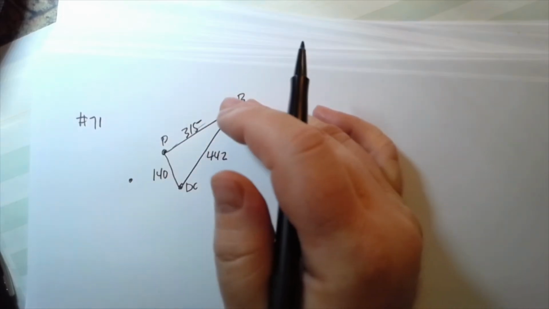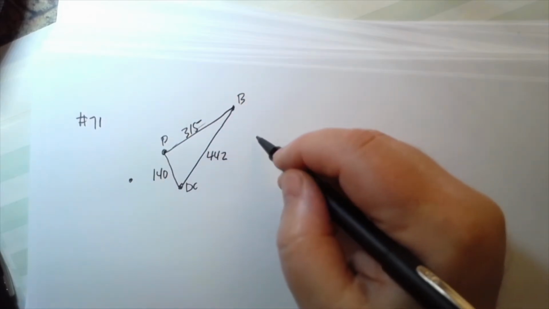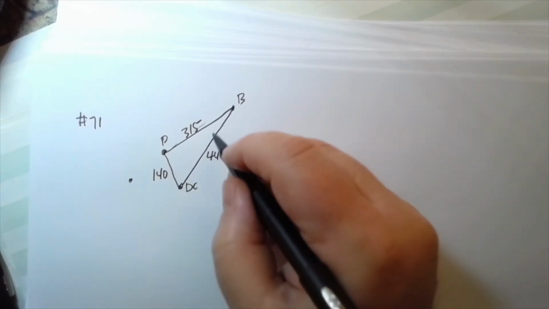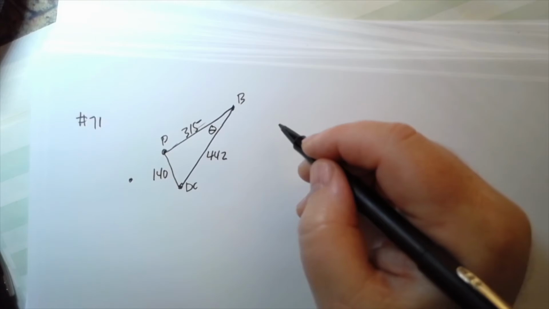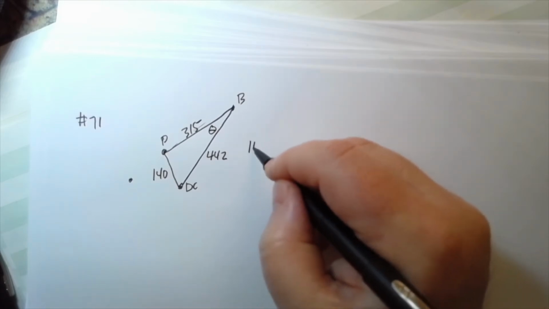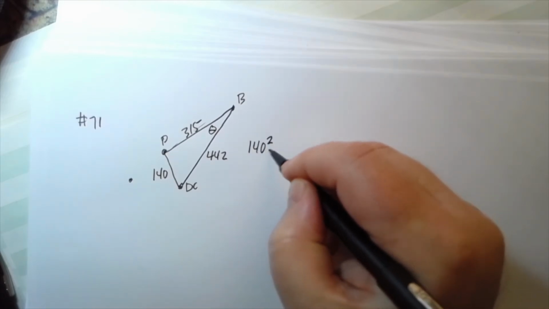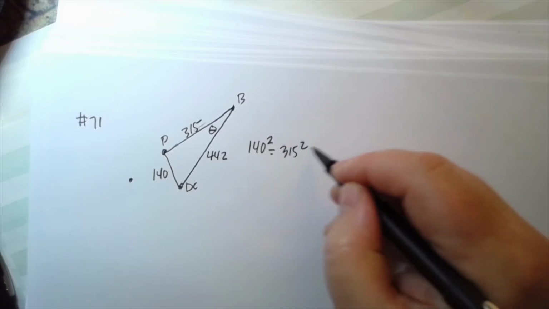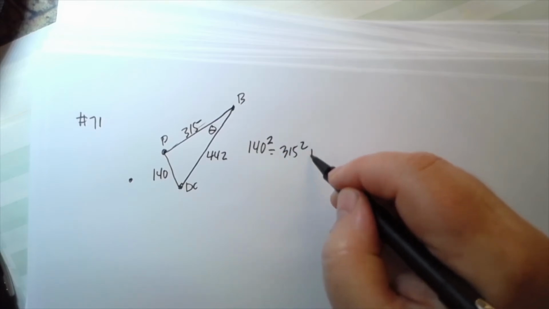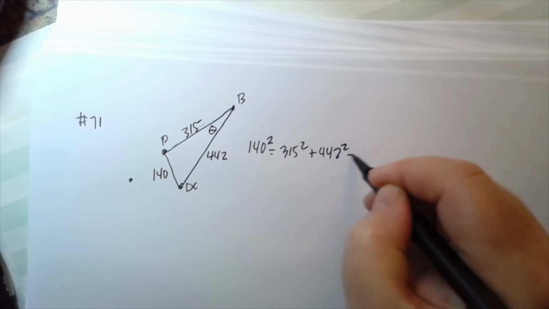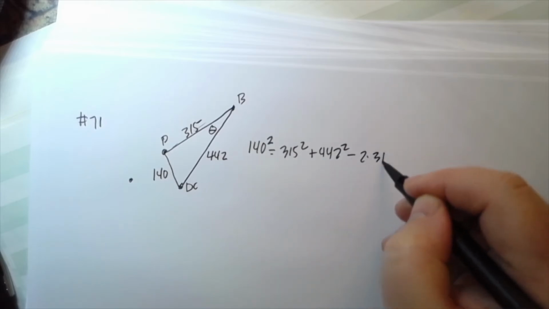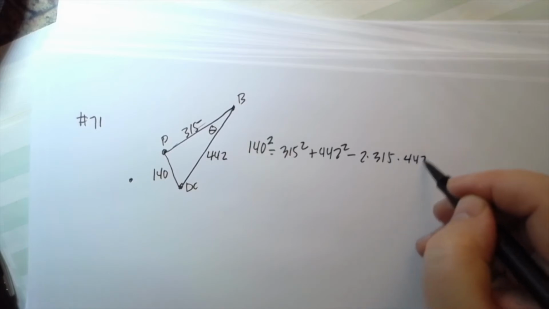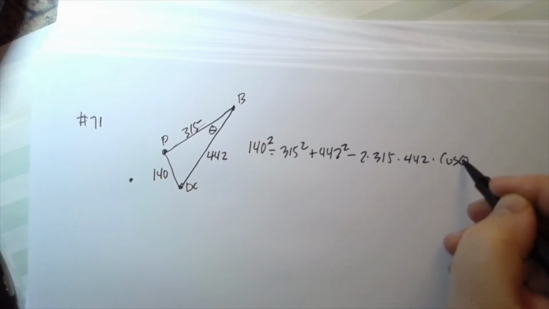We don't have any angles, so we're going to use the law of cosines. Say we want to find this angle right here. We'll call that theta. So I have 140 squared is equal to 315 squared plus 442 squared minus 2 times 315 times 442 times the cosine of theta.